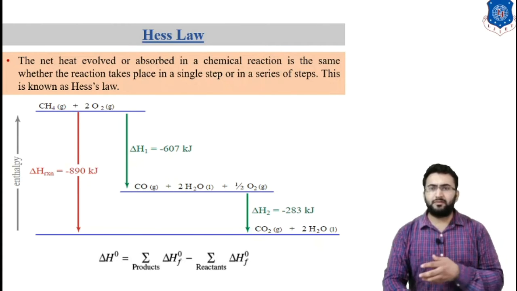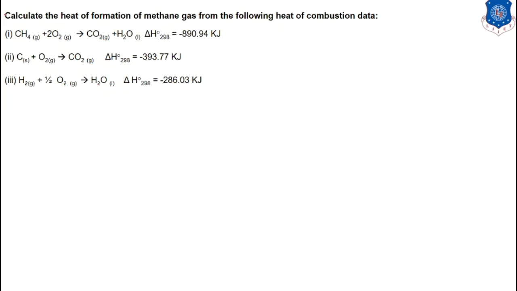Now let's take some numericals to understand this Hess law. In this numerical, we are asked to calculate the heat of formation for methane gas from the following heat of combustion data.